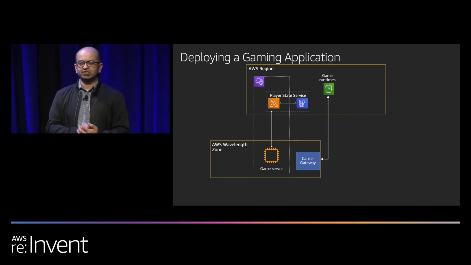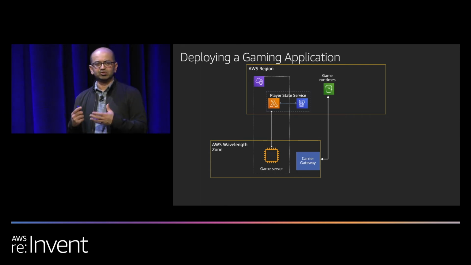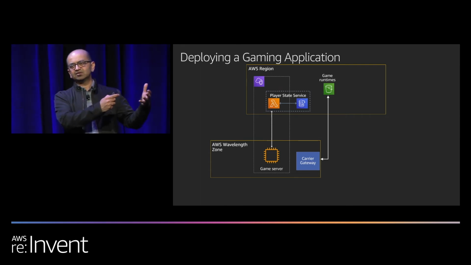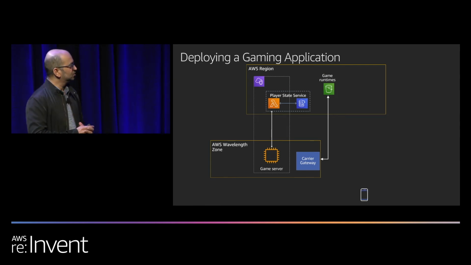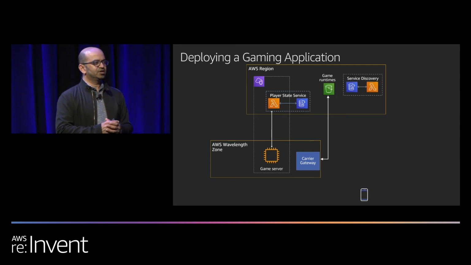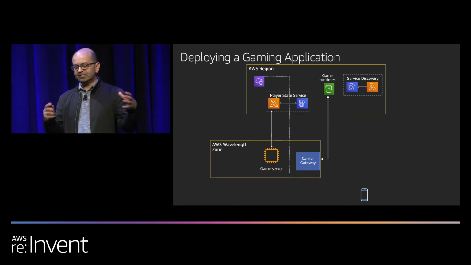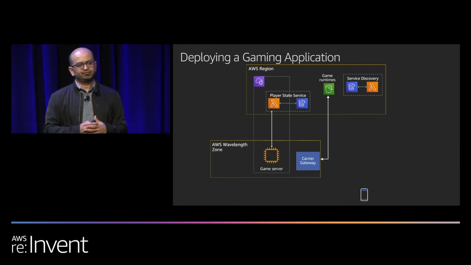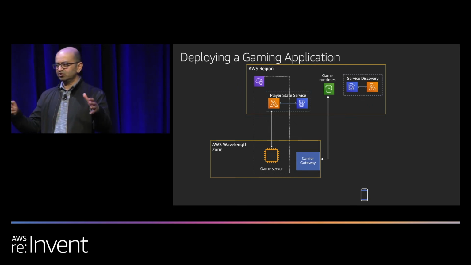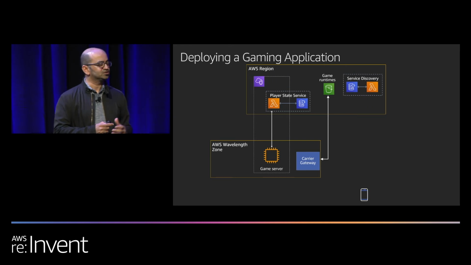The other key piece we have in wavelength is a service discovery mechanism that enables mobile devices to connect to the right endpoints or the right applications across wavelength zones. So the service discovery has a registry in which all the instances that the developer creates across wavelength zones are registered, along with an understanding of the topology of the wavelength zones and the latencies to the different endpoints.